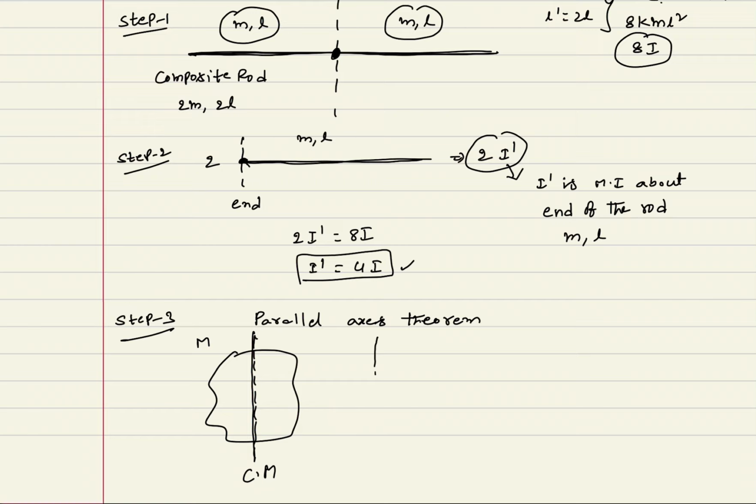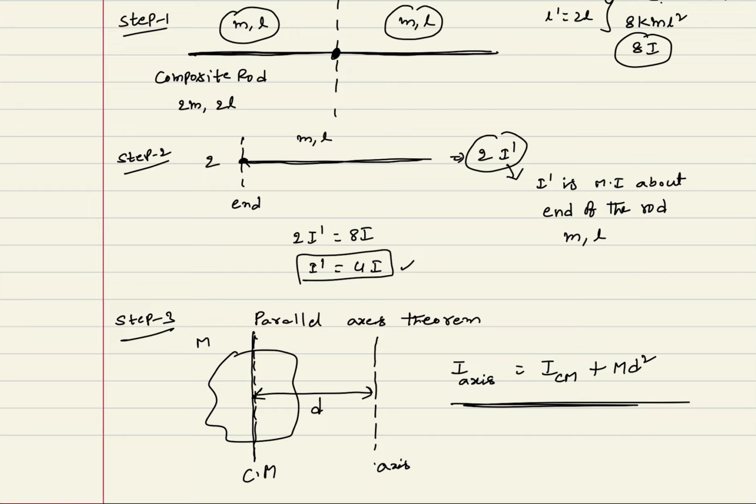If I draw any line parallel to the center of mass axis, separated by a perpendicular distance d, as per the parallel axis theorem, the moment of inertia about that axis equals the moment of inertia about the center of mass plus the mass of the body times the square of the distance between them. This is our parallel axis theorem.